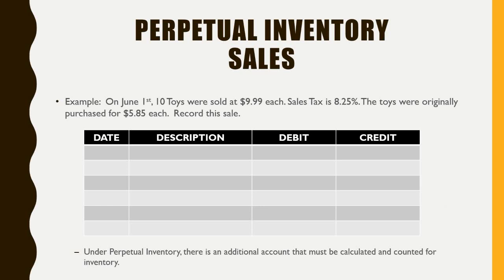So cash, or I wasn't specific, so it could be cash or accounts receivable. $9.99 times 10 is $99.90, and the sales tax of 8.25% is $8.24.